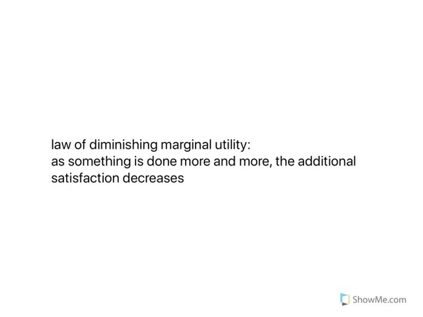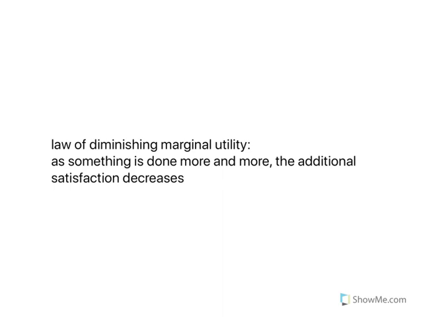It's the idea that as something is done more and more, the additional satisfaction, the marginal utility, begins to decrease, right? People derive less satisfaction as they do things more and more in a row because it gets old or it gets tiring or it's not as useful to them, whatever the case may be.